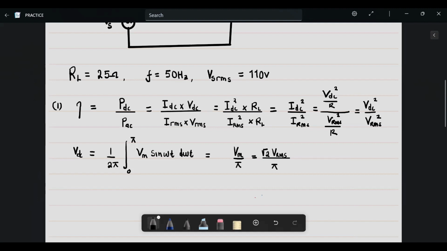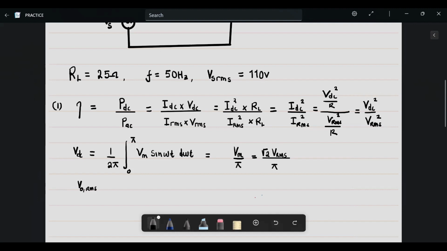What of the RMS output voltage? How can you find the RMS output voltage? I'll call this V output RMS. In fact, this one is the one we're supposed to use when finding the efficiency.